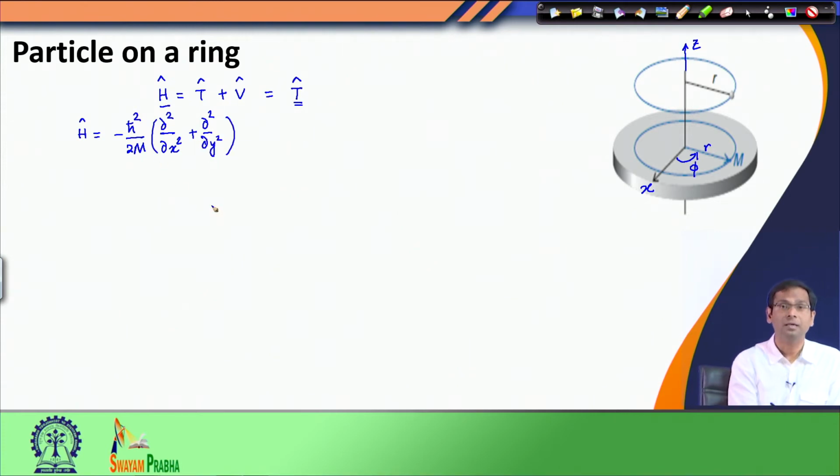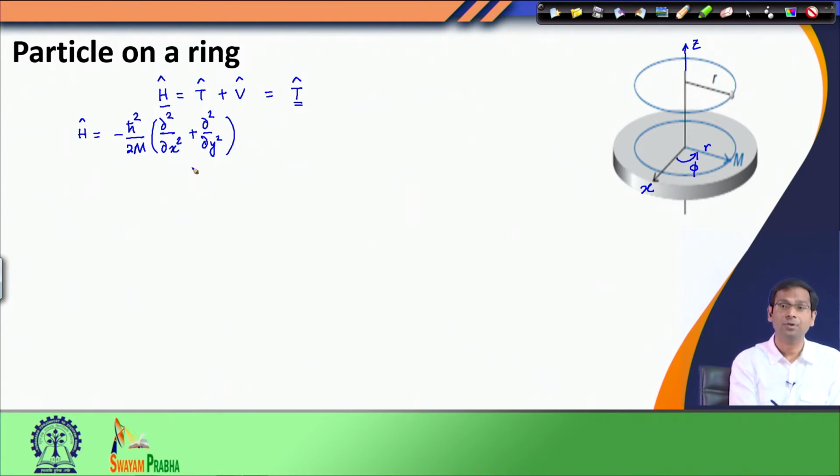I am stopping here with x and y, because the movement of the particle is all in the xy plane. Since the z axis is not activated in this problem, I am writing down the kinetic energy as minus h bar square by 2 m times the second derivative with respect to x plus the second derivative with respect to y.